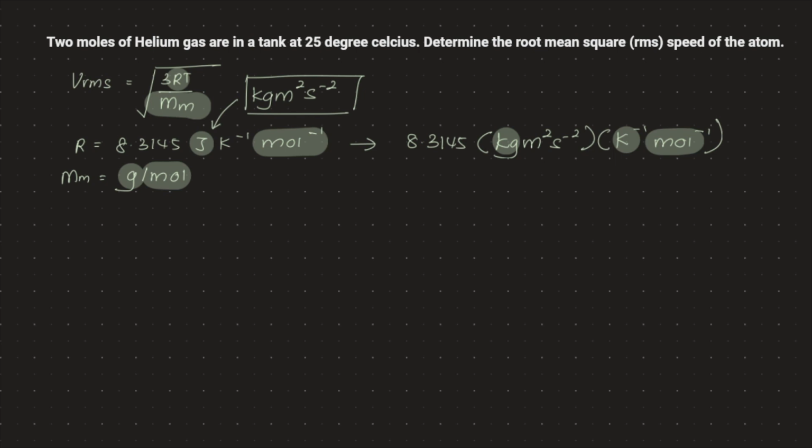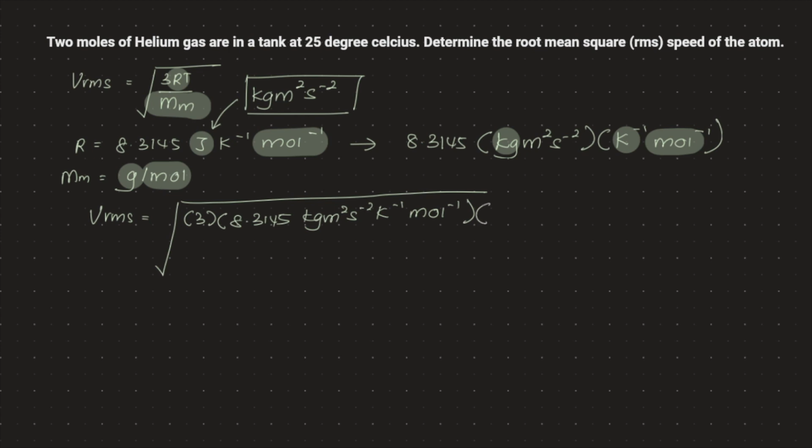Alright, now we are going to plug in the value. So we will have the VRMS is equivalent to the square root of 3, and your R is 8.3145 kilogram meter square per second per Kelvin per mole.